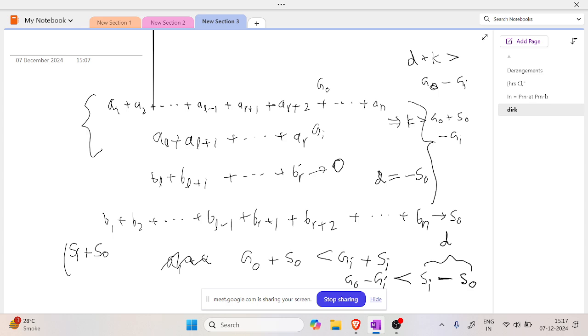And out of Si plus So, we need to choose a number greater than Go plus So minus Gi. So let's say Go plus So minus Si is equal to X. Then this is basically K choose K plus so on until K choose X.